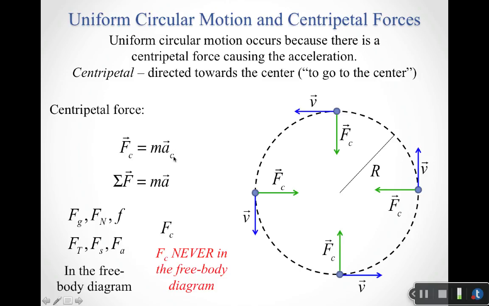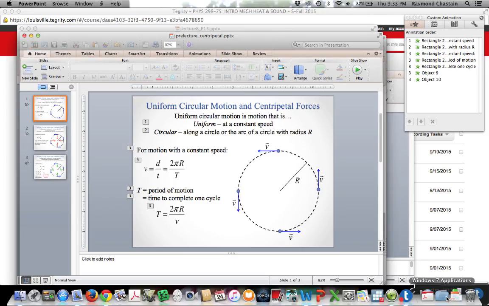So the easiest way to calculate the magnitude of the centripetal force is to calculate mass times the magnitude of the centripetal acceleration, and we know that this is v squared over r. So m v squared over r is the easiest way to calculate the magnitude of the centripetal force. That's what it has to be.